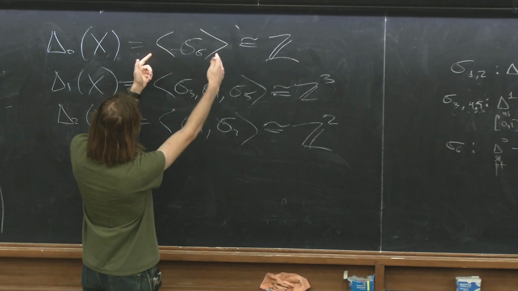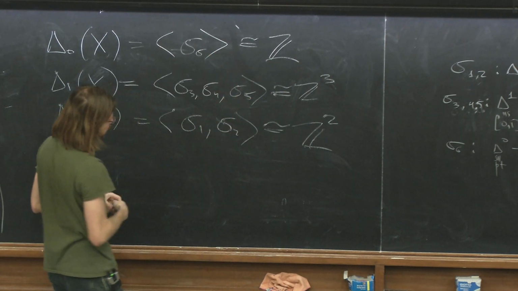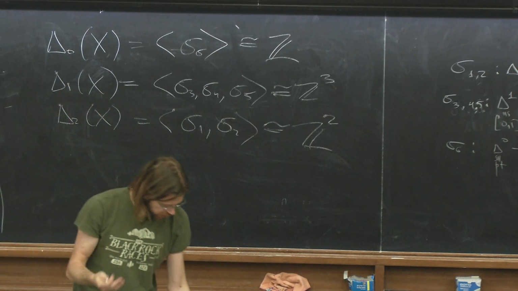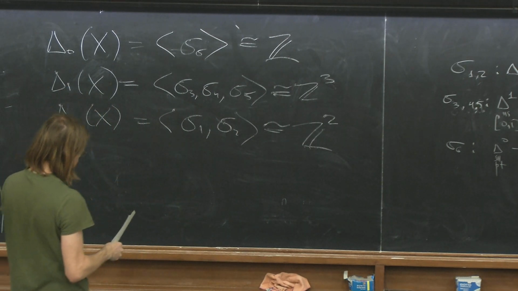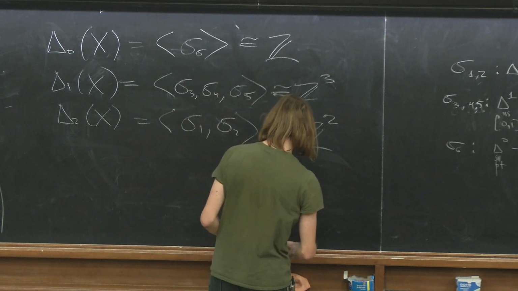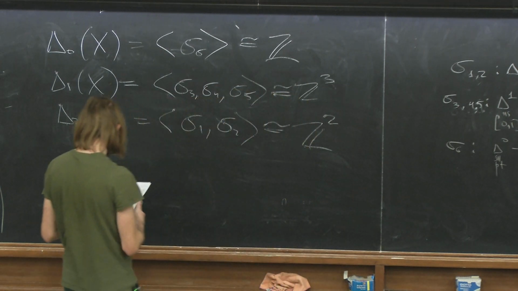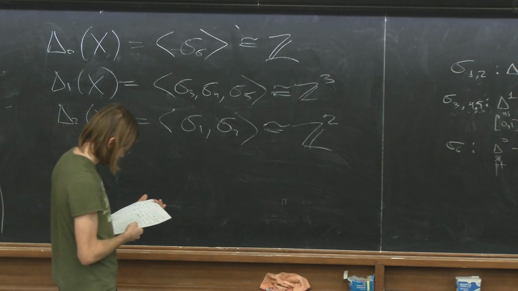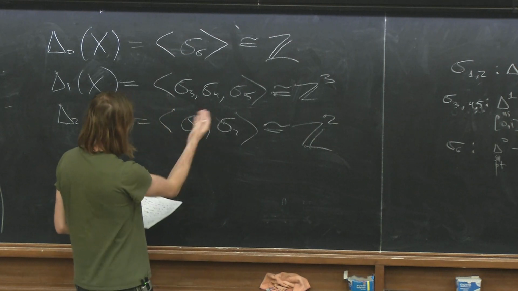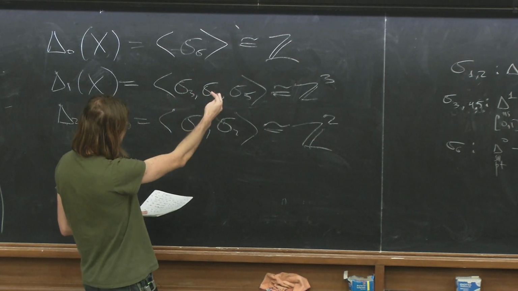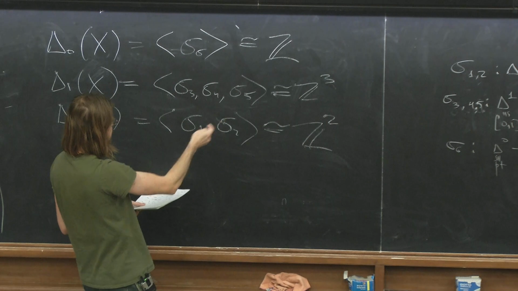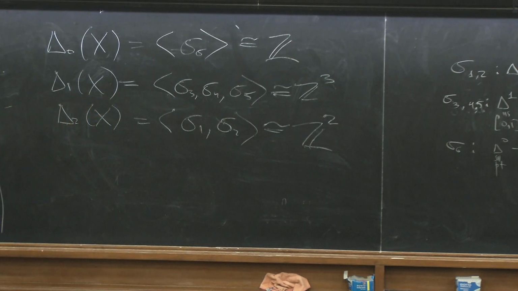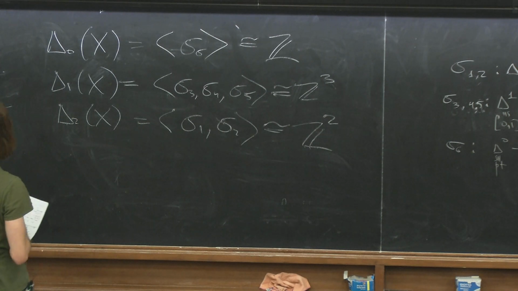Before, we used the same notation to denote a group generated just as a group, not as an abelian group. Here we automatically include the relations that they all commute. Okay, so these are the groups in our chain complex.